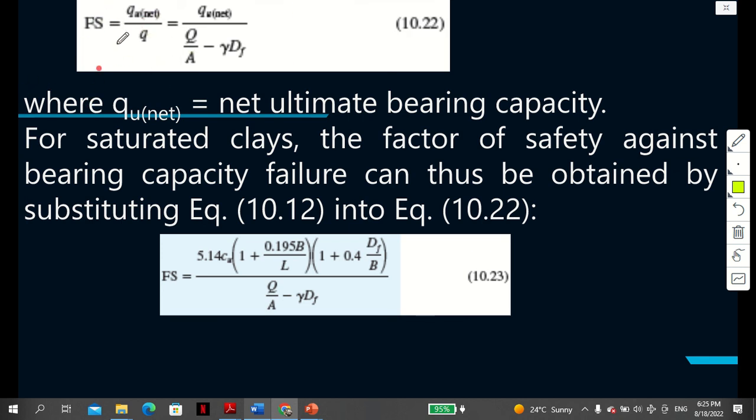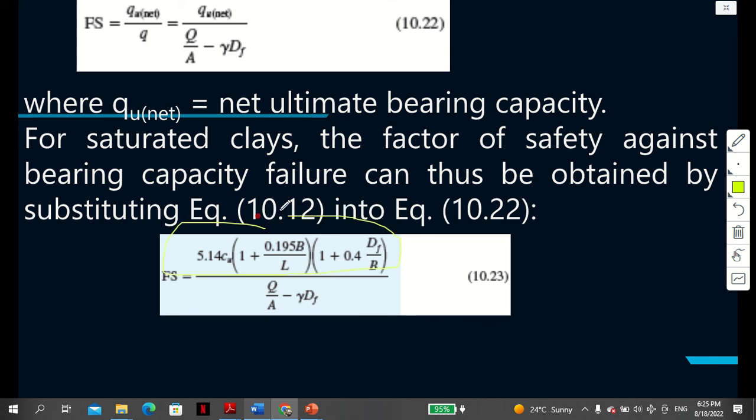So the factor of safety is the Q net over Q, and QU net is the net ultimate bearing capacity. For saturated clays, the factor of safety against bearing capacity failure can be obtained as shown for saturated. Remember, this is the Q net for saturated clays.